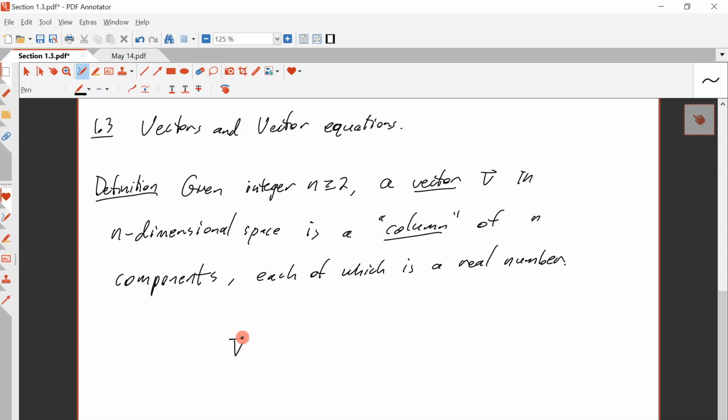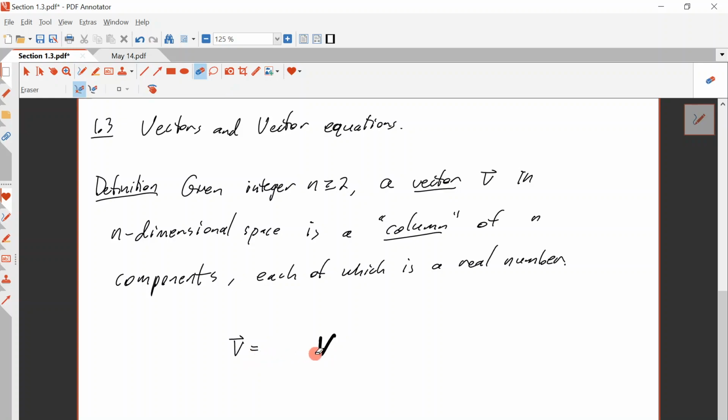So v, and usually we write vectors with a little hat on them like that. In the book, they would use a bold-faced V for a vector.